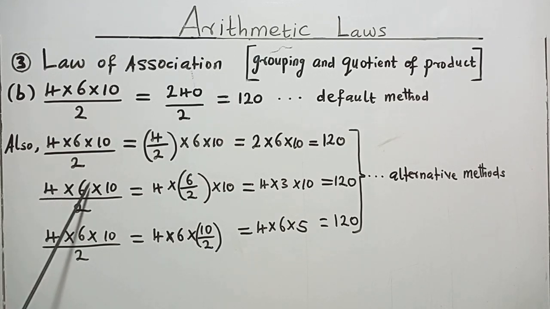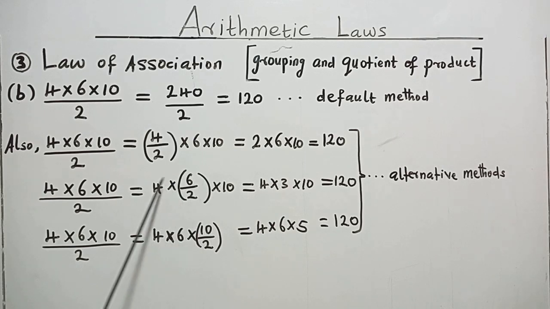The same 4 times 6 times 10 over 2. If I choose to divide no longer 4 but 6 by 2, we now find out if the answer is still going to be 120. Now watch out, this 4 is still here, times. Let the 2 divide 6 and no other number in the dividend. When 2 divides 6, the result is 3.